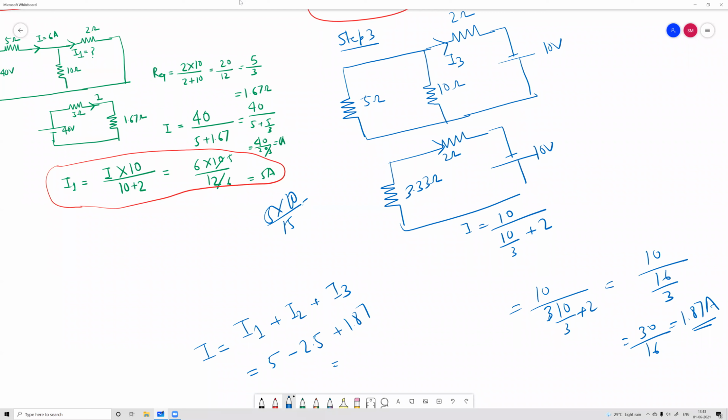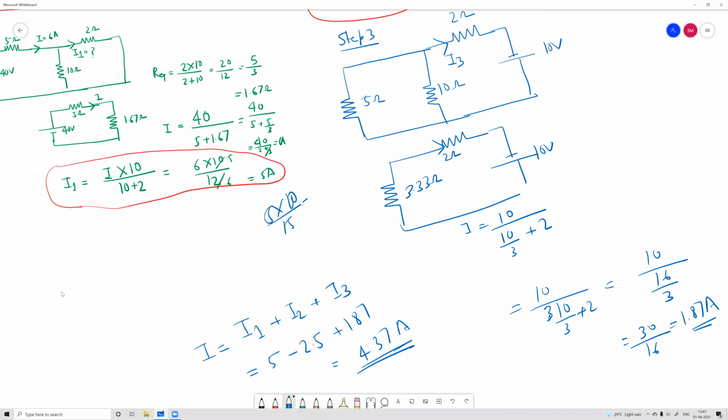Please note it's an algebraic sum, so the directions and the signs of the current are very important. If you make a mistake with the directions or the signs, very likely you will make a mistake in the problem. So please be careful about direction and signs.